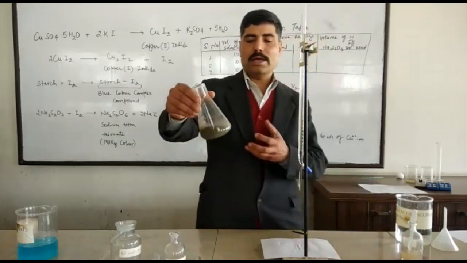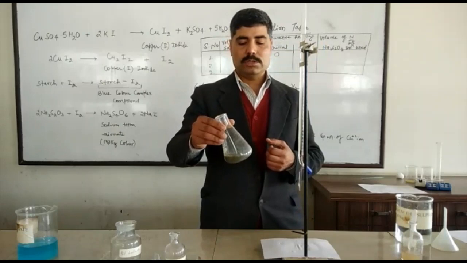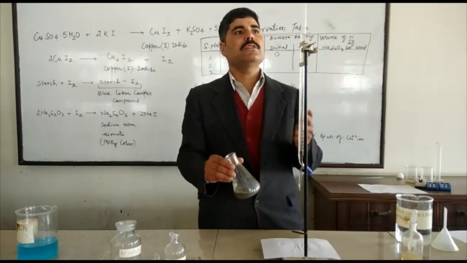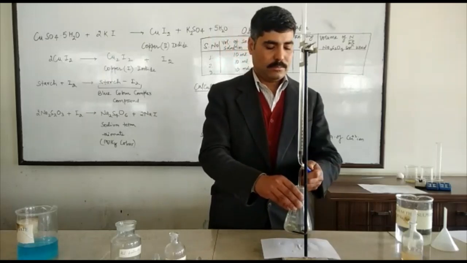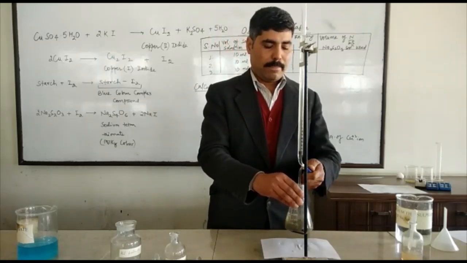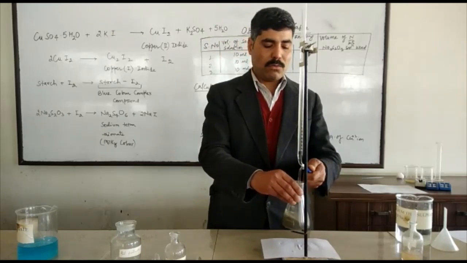And a dark blue color is there. Now we have to further titrate it with the sodium thiosulfate solution till a milky color appears. So our endpoint is when we get a milky color.